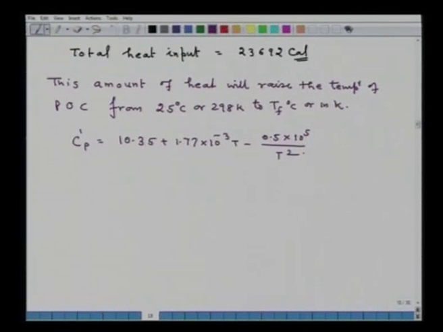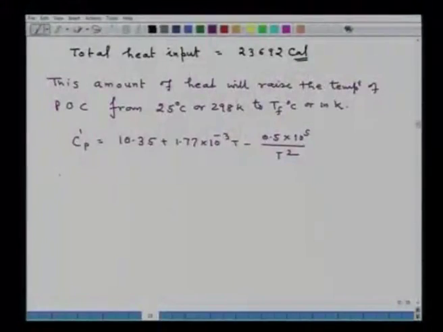Now, I will do the heat balance, and in the heat balance, as all of you know, that will be 23692, that will be equal to the integral from 25 degree to TF.